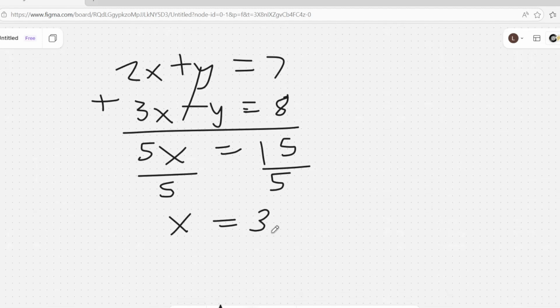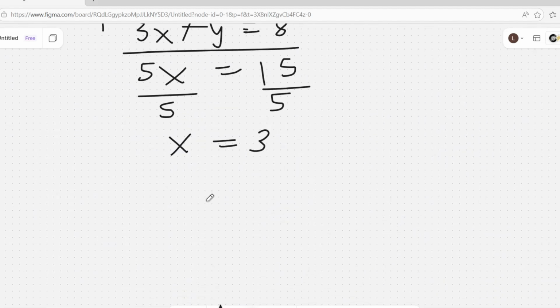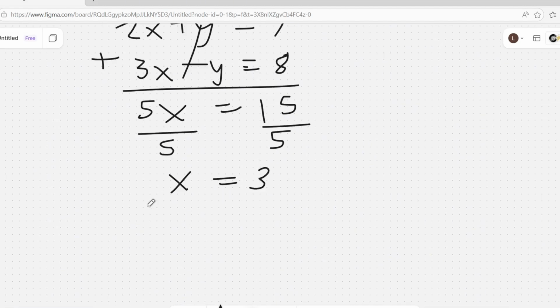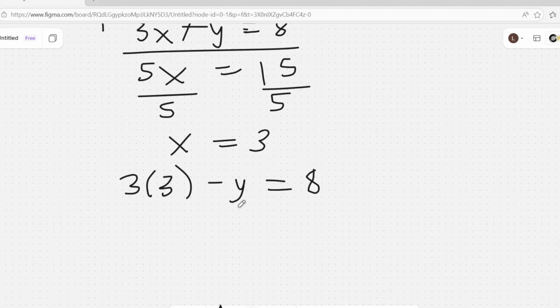To find the value of y, we simply substitute it into either the first or second equation. So let's try the second equation. Substituting x of 3, 3 times 3 minus y is equal to 8. We can simplify it further. Let's transpose it to the right side, so y will be positive, and 8 is equal to 8.